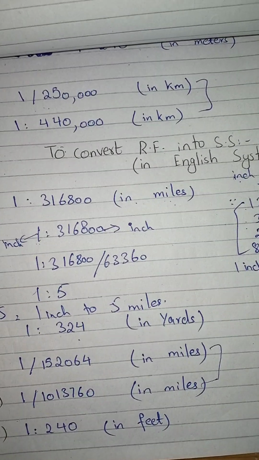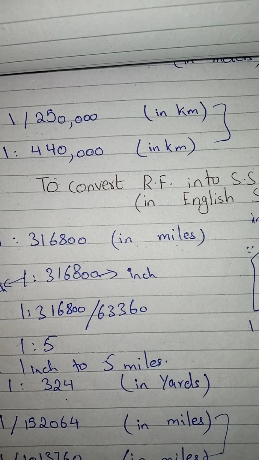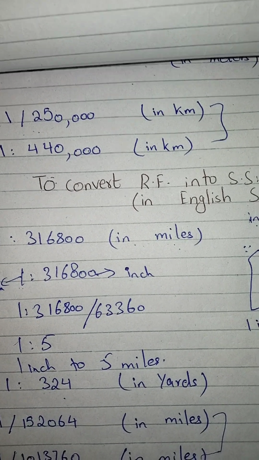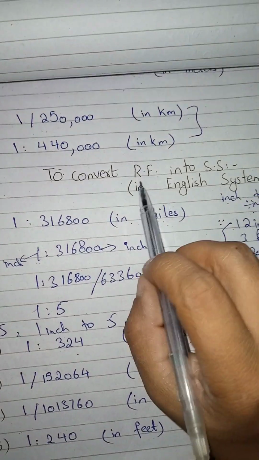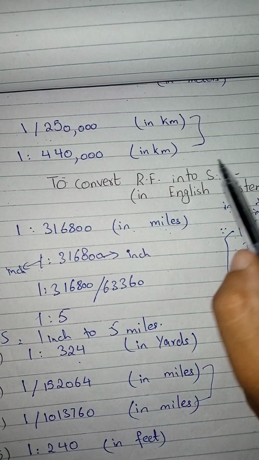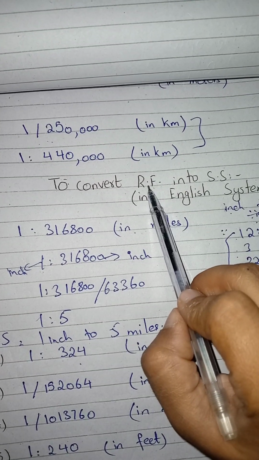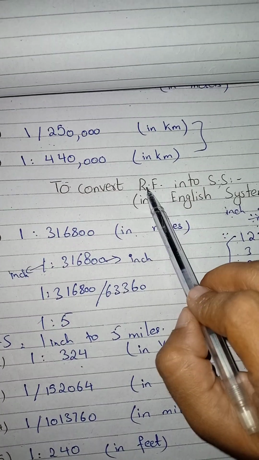In our next video, we are going to see how to convert a statement scale back into RF, and then we are going to see why we are converting these systems into different forms and different methods, why we are converting RF into SS and why we are converting SS into RF.